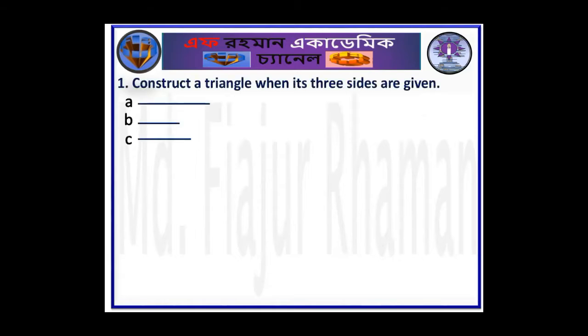And then construction 1: construct a triangle when its three sides are given. That's why we have drawn three sides, A, B, and C. With this, we are to write the particular enunciation. Before writing the particular enunciation, we should say something.